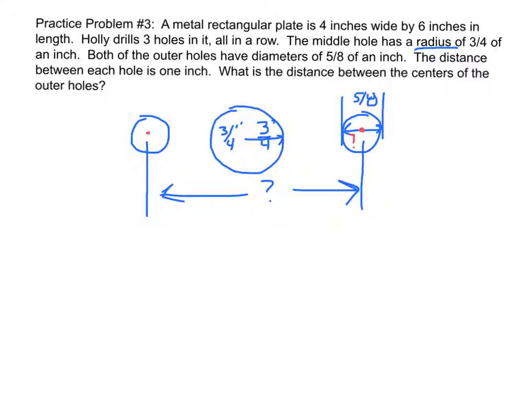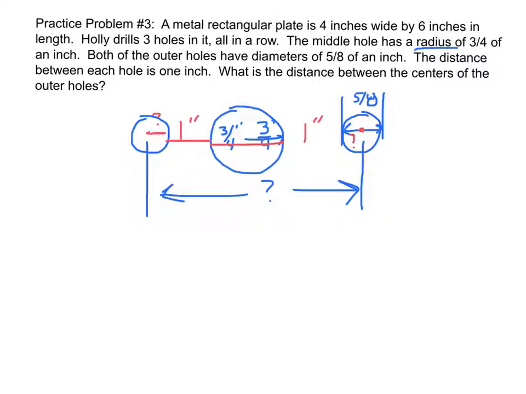It does tell me that the distance between each hole is 1 inch, so I know that's 1 inch. I'm going to also need to know this distance from here to here, which I do know. It's 3/4 plus another 3/4. I know that this is the 1 inch, and I need to figure out what this distance is. So I'm going to add up all those amounts.